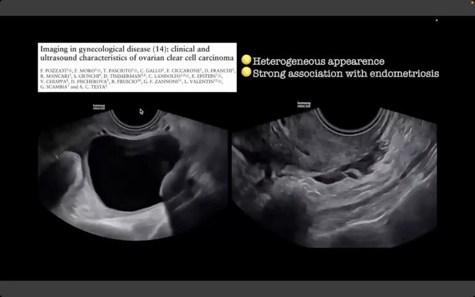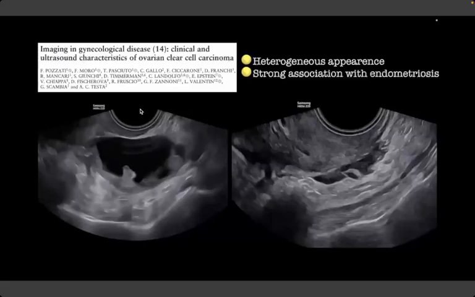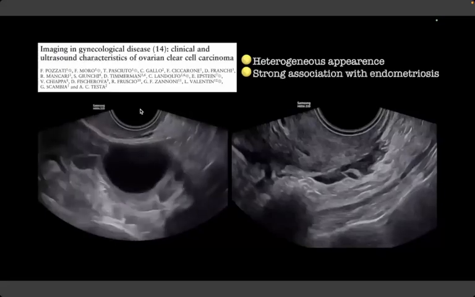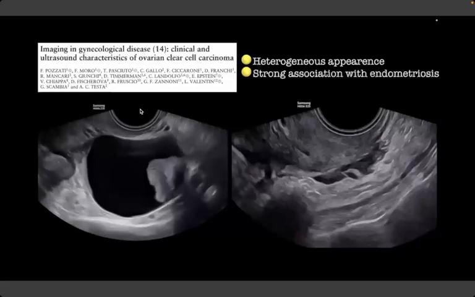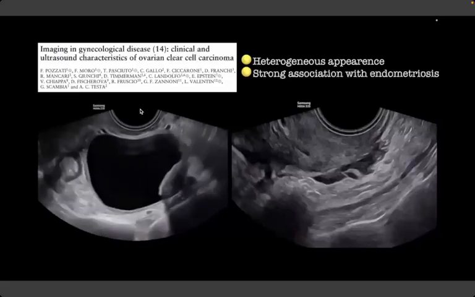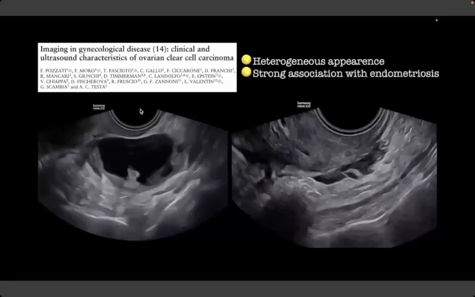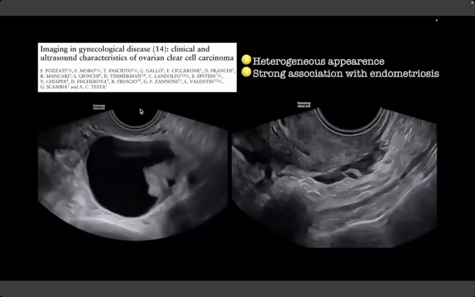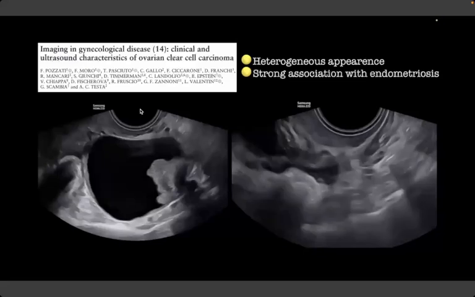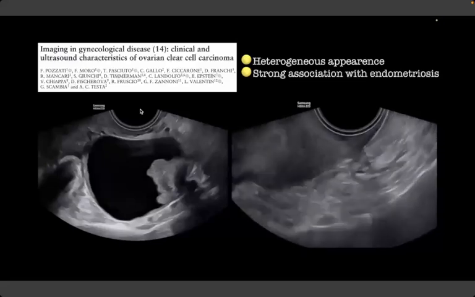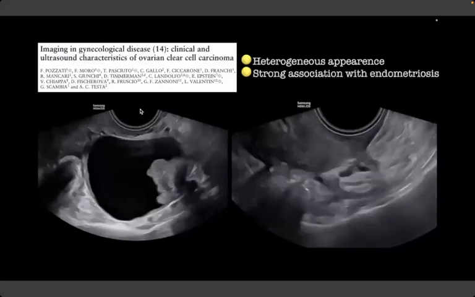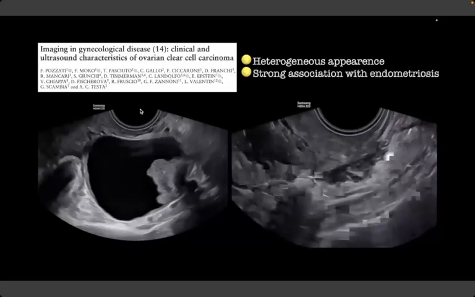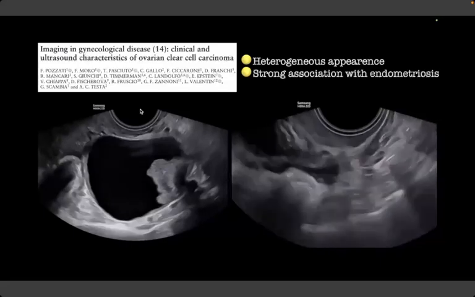In this case, the tumor appears as a unilocular solid lesion with anechoic content and two vascularized papillae that present posterior shadowing. In this case, it was very useful to identify a deep endometriosis nodule, this Indian file sign on the right, in the posterior compartment, as this tumor shows a strong association with endometriosis.